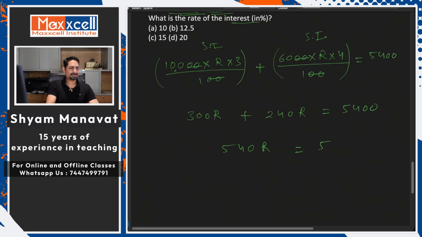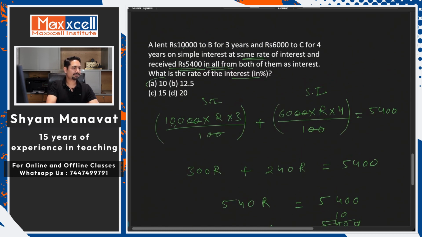Oh, this looks so simple, isn't it? R equal to 5,400 by 540. I'm sure you must have solved this even before I could. Very good. So cancel, you get 10. So the answer is 10.